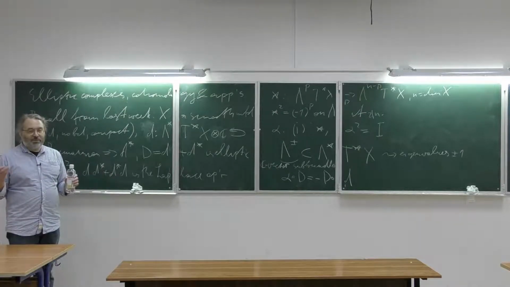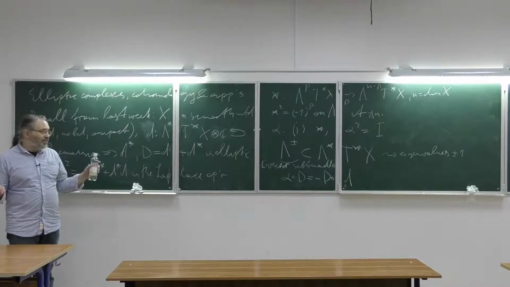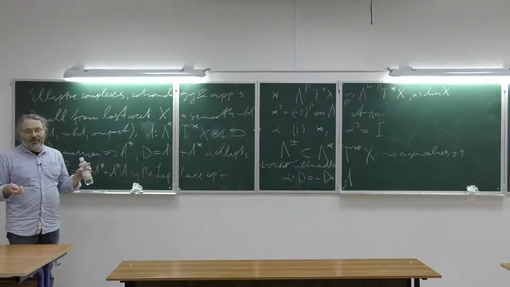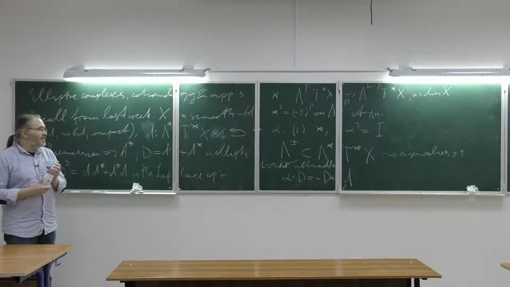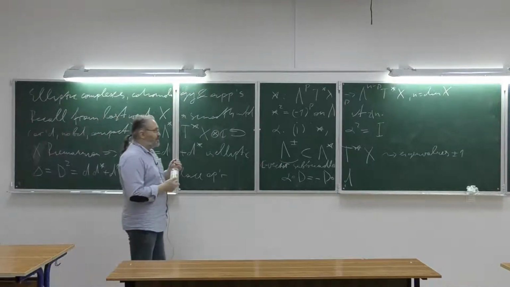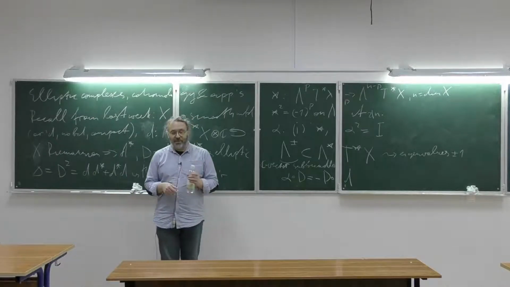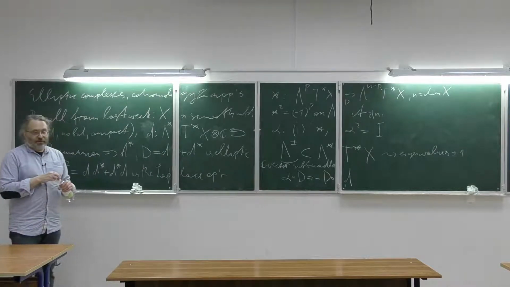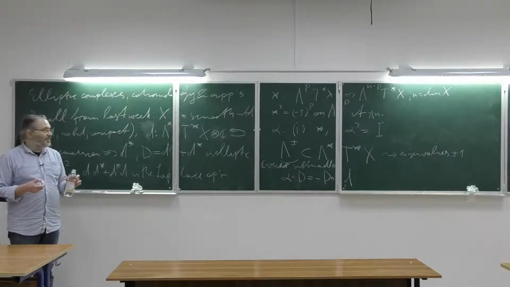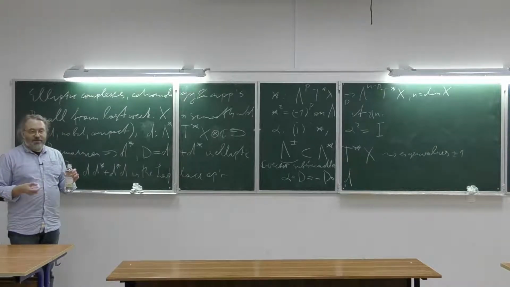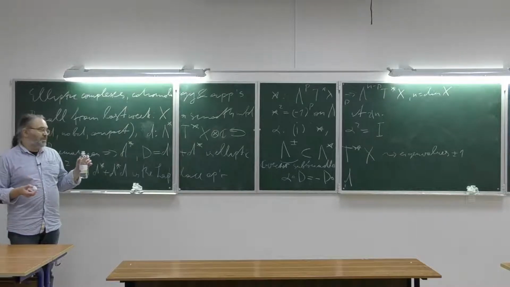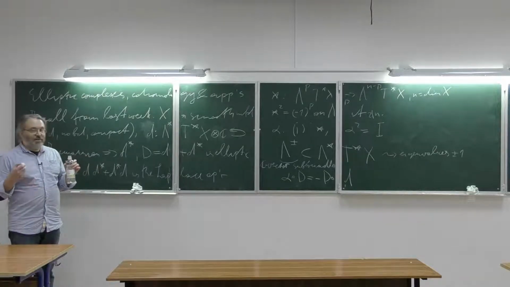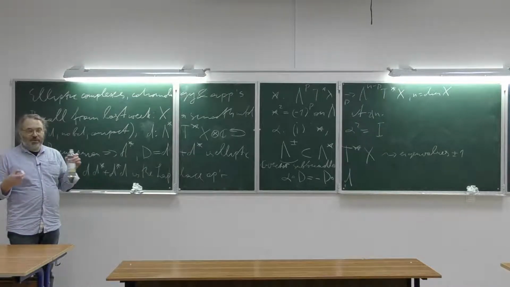I want to say that we have all ingredients for checking this formula, and then it's basically a straightforward calculation, which is not very illuminating if one does it on the blackboard. So let's look at the formula again and see whether or not we indeed have all ingredients for checking this formula.